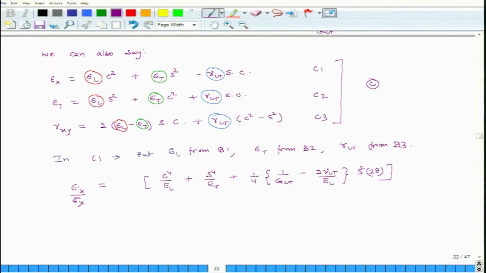This is nothing but 1 over Ex. So, this I will erase and I will call it 1 over Ex. So, this is my definition for 1 over Ex, D1.